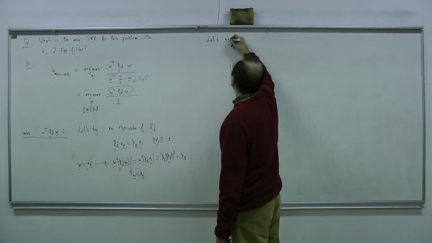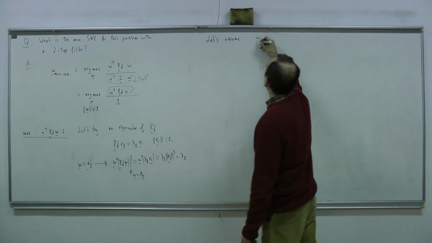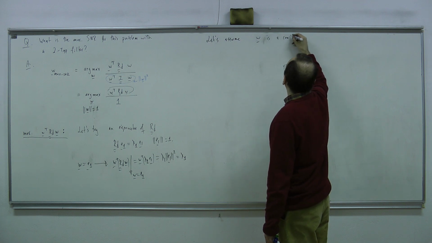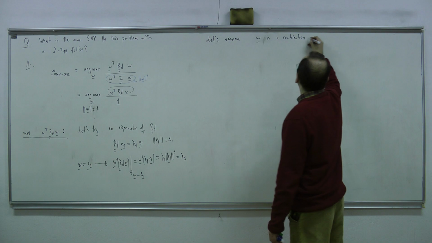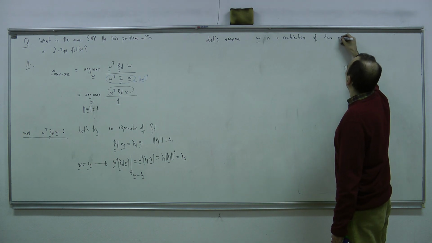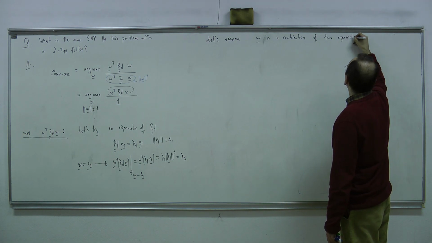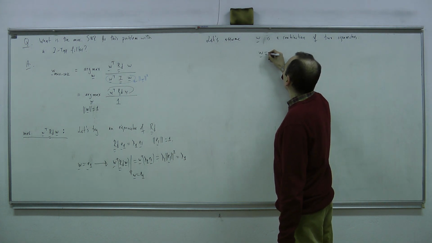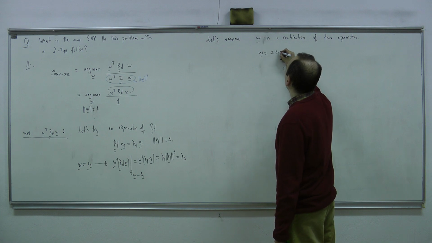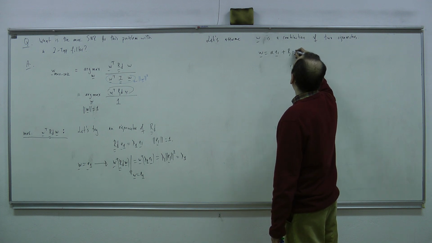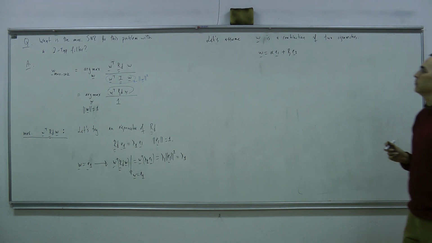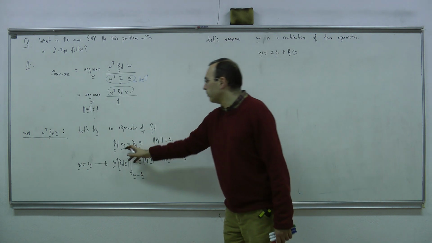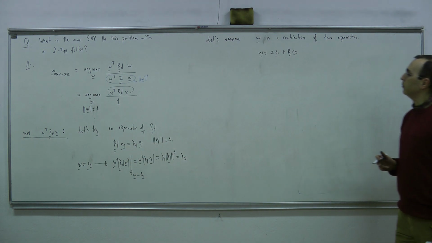Let's assume W is a combination of two eigenvectors. What do I mean by that? W is alpha times E1 plus beta times E2. Both of them are eigenvectors, with lambda 1 and lambda 2.